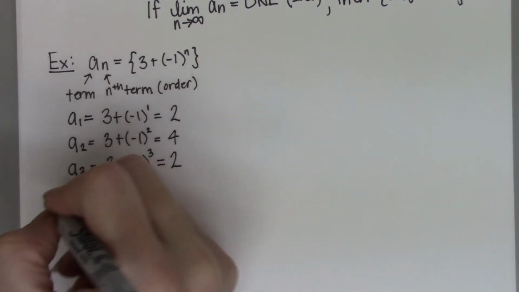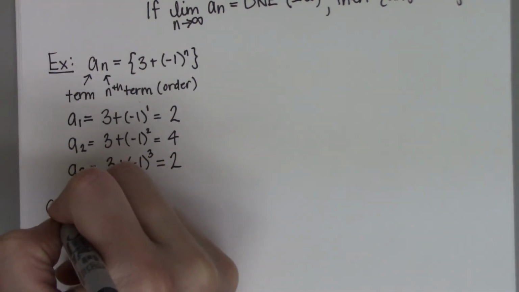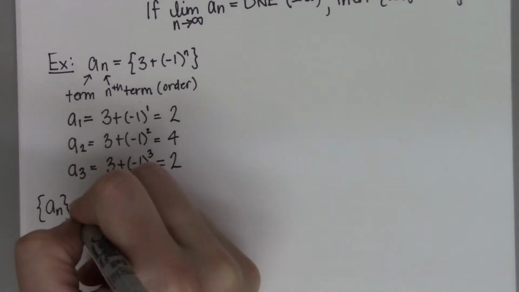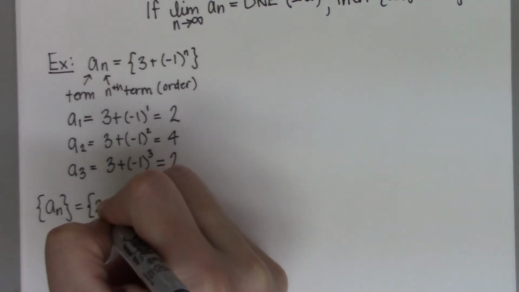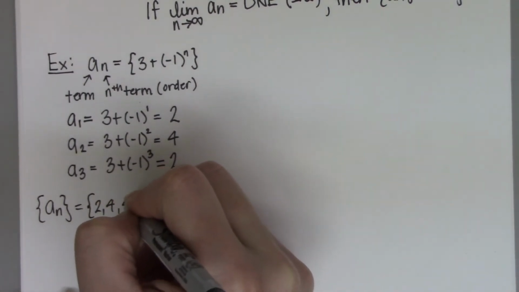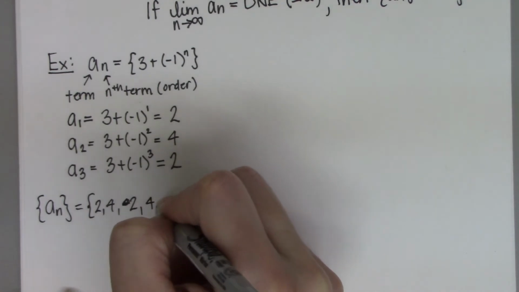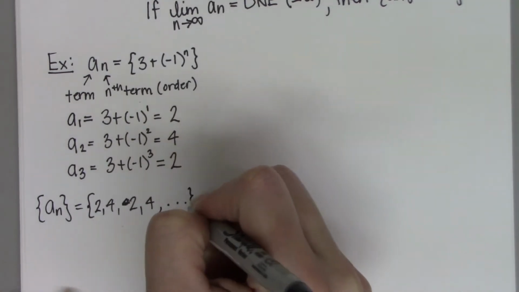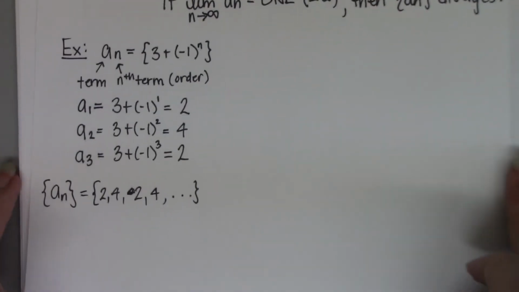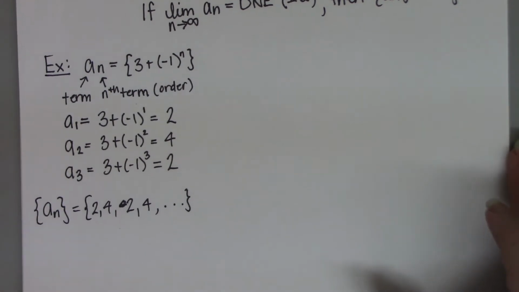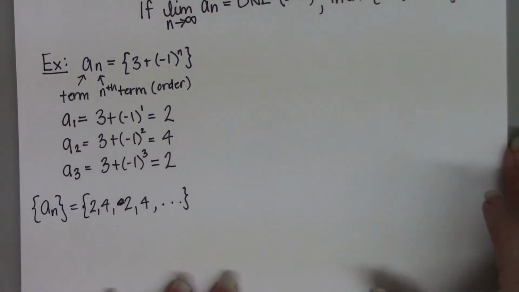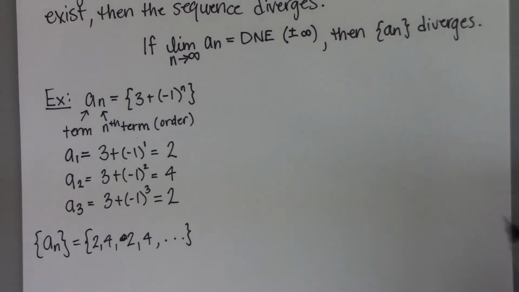So I can actually keep generating subsequent terms of this sequence without actually plugging them into the expression, because I can just see that it's just going to alternate between 2 and 4. And this would go on all the way up to positive infinity. All right, let's look at another one.